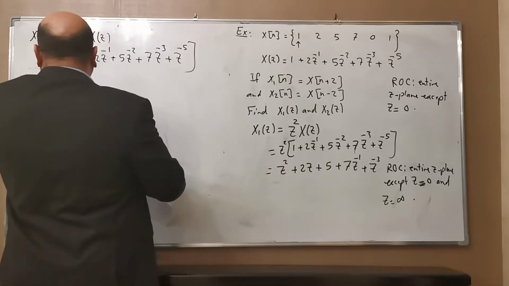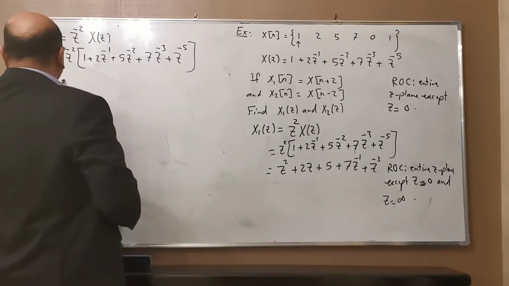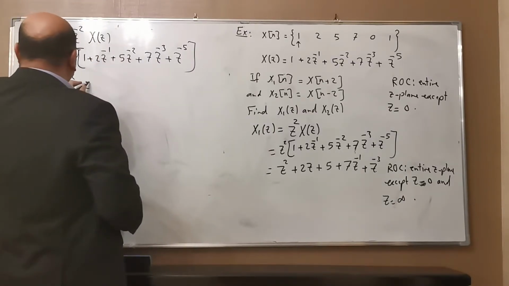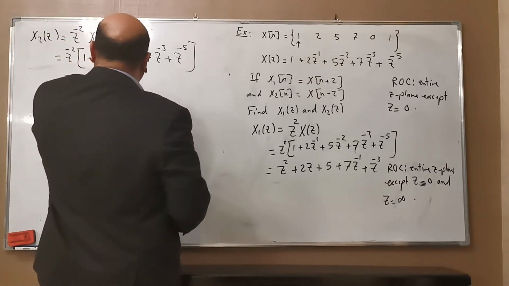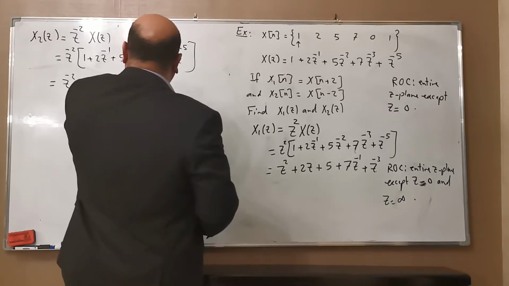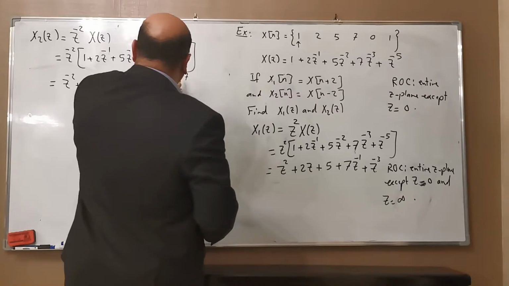And this will go deeper in delay. So this is z to the minus 2 plus 2 z to the minus 3 plus 5 z to the minus 4 plus 7 z to the minus 5 plus z to the minus 7.